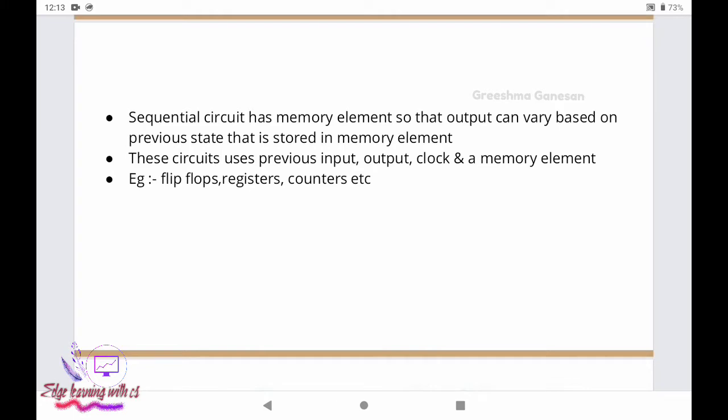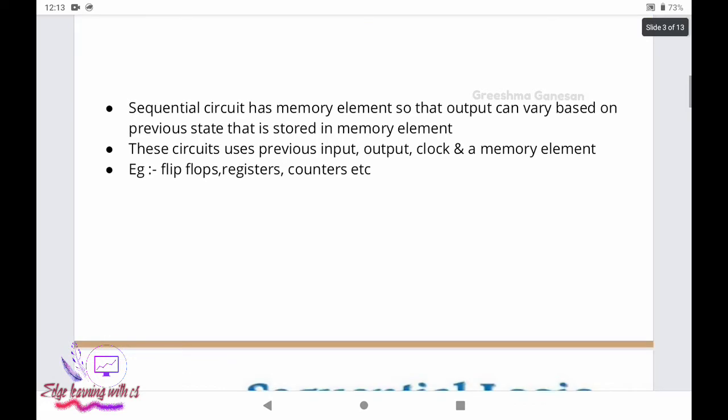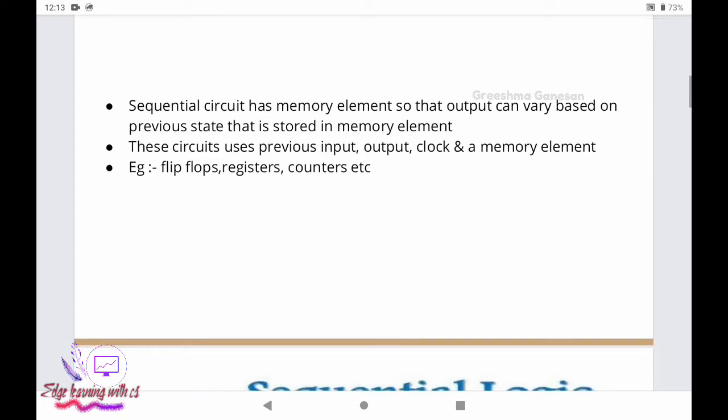A sequential circuit has a memory element so that the output can vary based on the previous state stored in the memory element. So in the case of a sequential circuit, we have to store the data or the previous state outputs inside the memory. The memory element has a greater role in the sequential circuit.